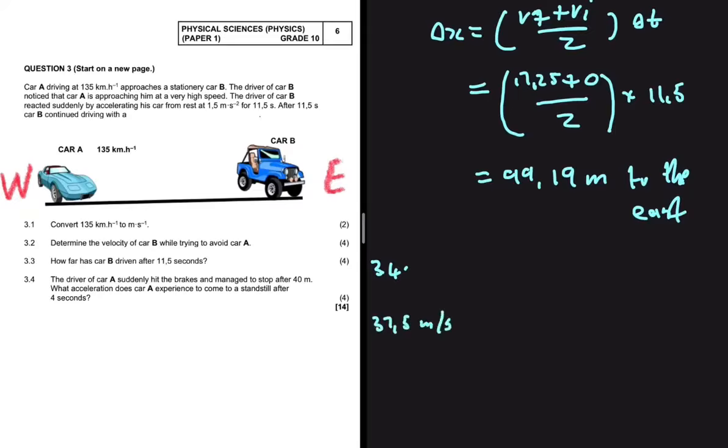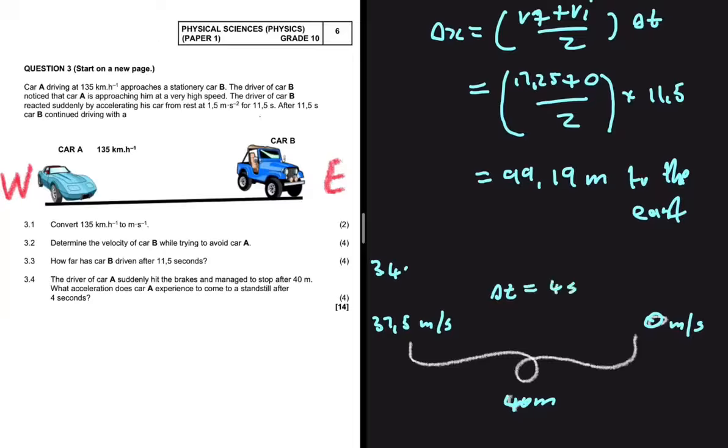And what is being said here in 3.4 is that in 4 seconds, the car comes to a stop. It comes to a standstill. So at 4 seconds, we have a velocity of 0 meters per second. But then at the same time, during that 4 seconds, the car covers a distance, or it has a displacement, of 40 meters. So we have 40 meters here. And then this is all happening in 4 seconds.